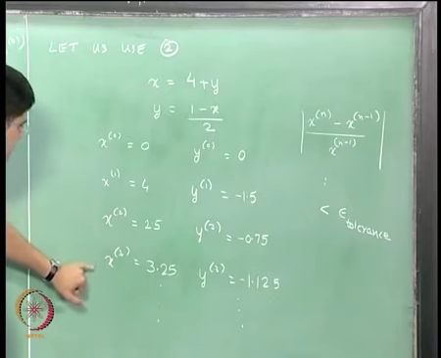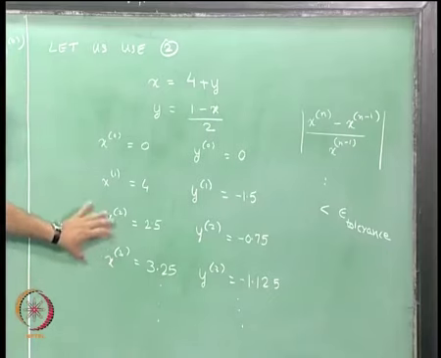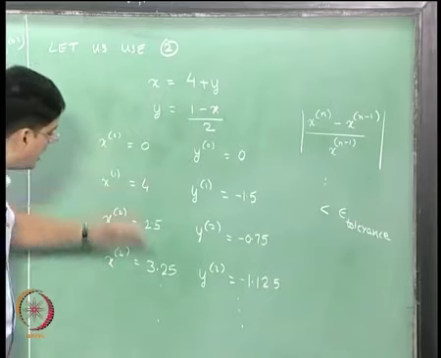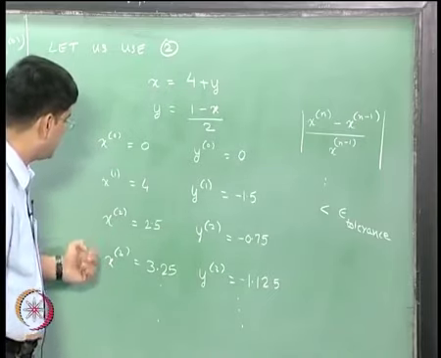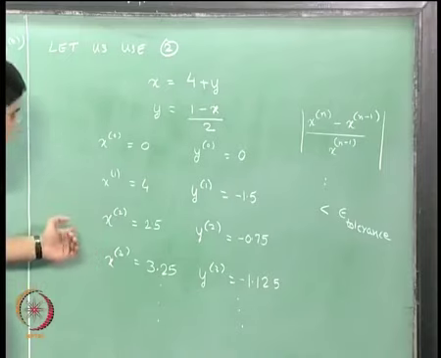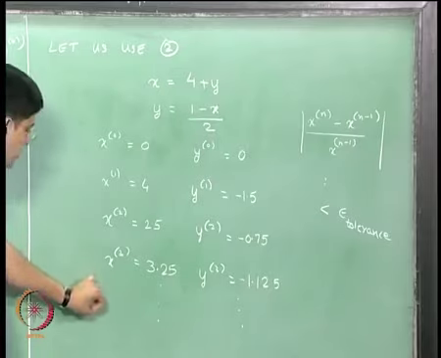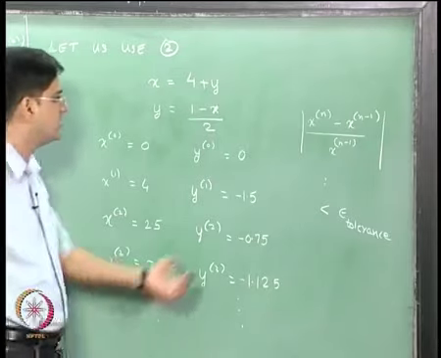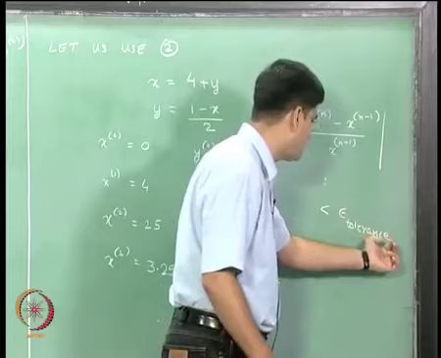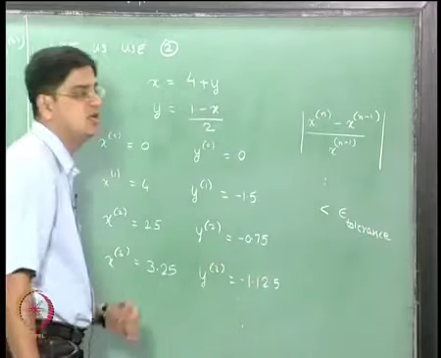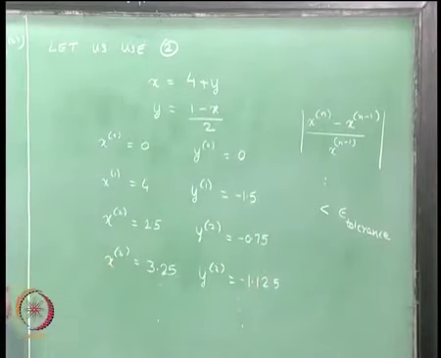Likewise, from 2.5 you are going to 3.25, that is also a pretty large change. After a certain point we will see that xn minus 1 and xn and so on and so forth, they will start differing from each other by relatively small amounts, and when that difference falls below the epsilon tolerance, at that time we say that the overall Gauss-Seidel iterations have converged.